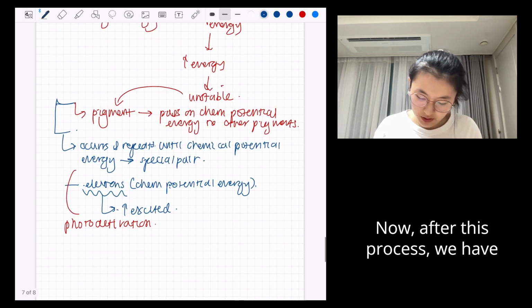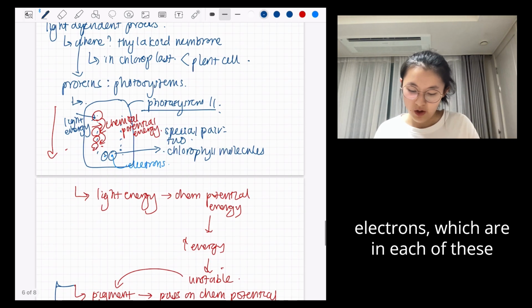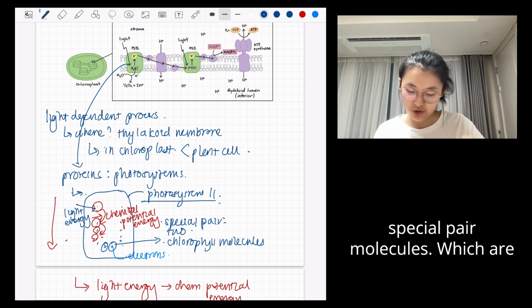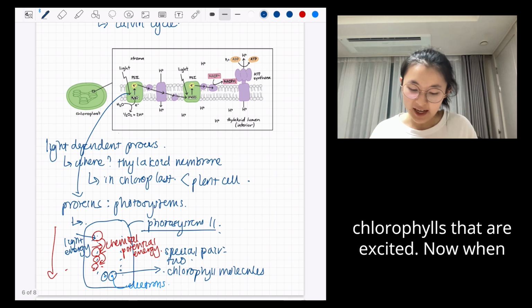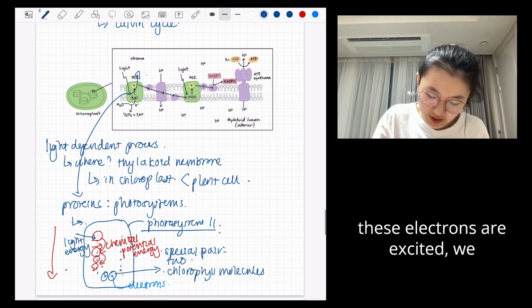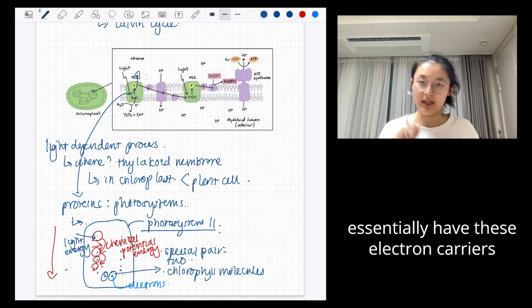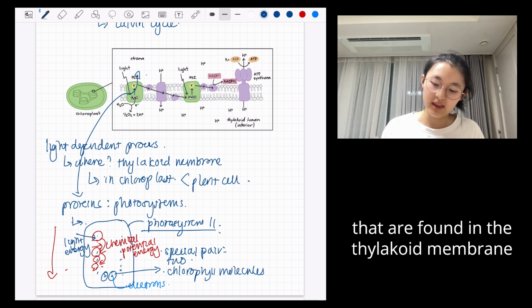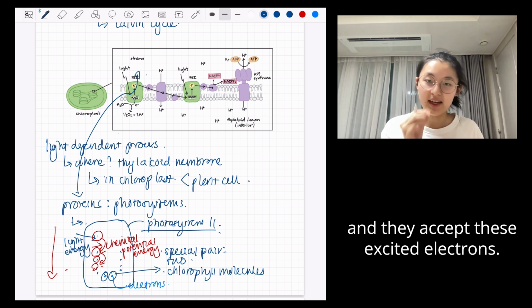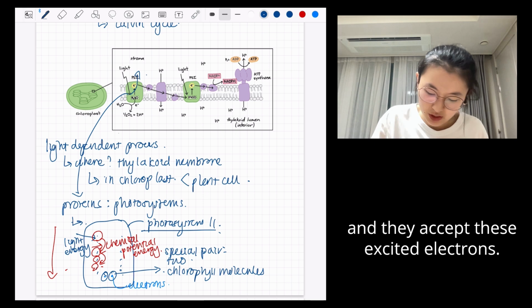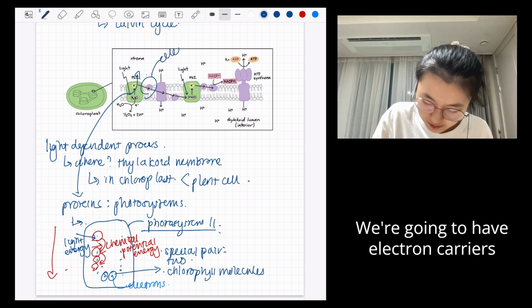Now, after this process, we have electrons in each of these special pair molecules, which are chlorophylls, that are excited. When these electrons are excited, we have electron carriers embedded in the thylakoid membrane, and they accept these excited electrons.